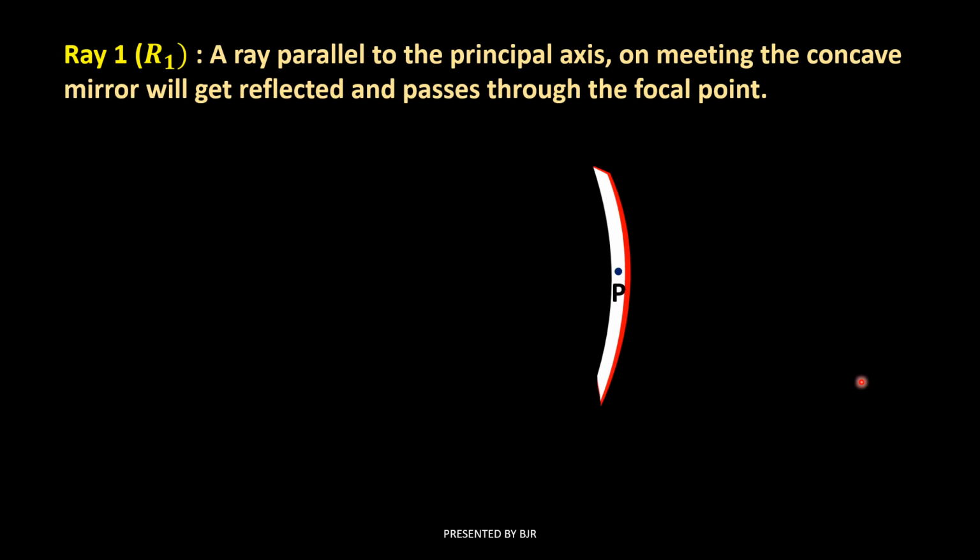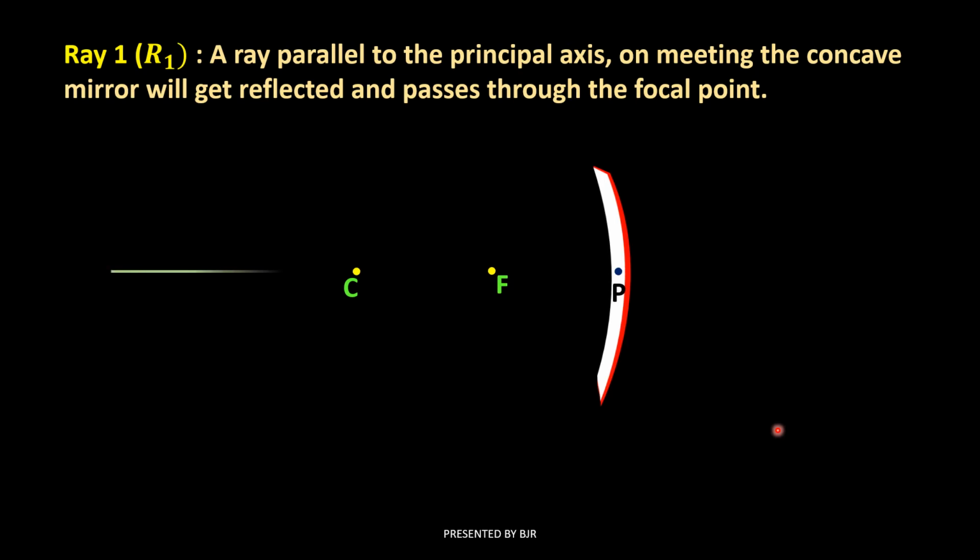So P is the pole of the concave mirror. This is a concave mirror and this point is the pole, and here C is the center of curvature, and in between there is a point called F, the focus or focal point.